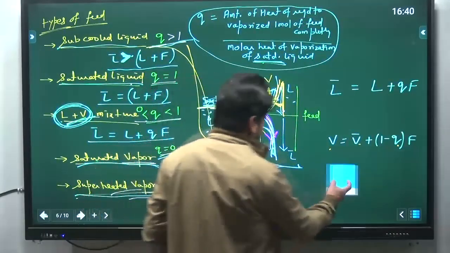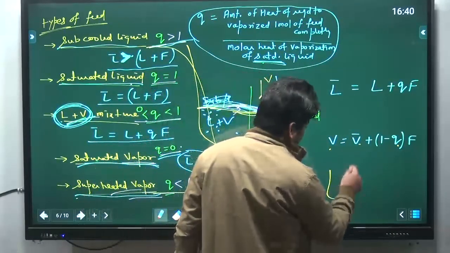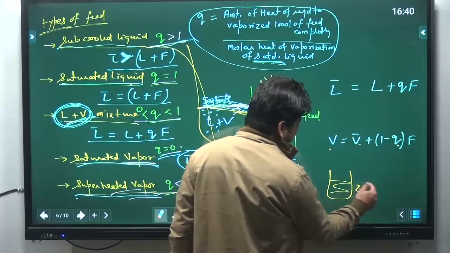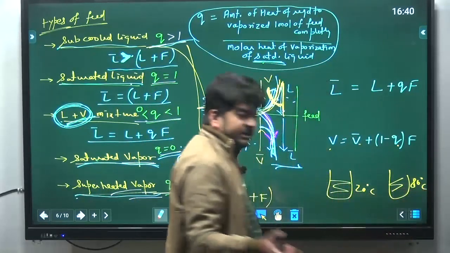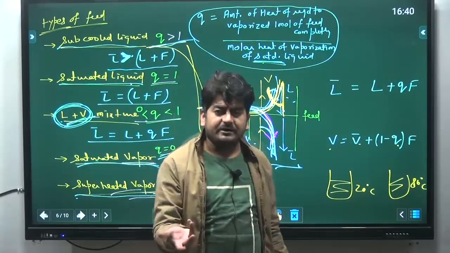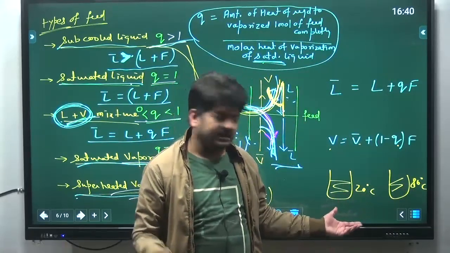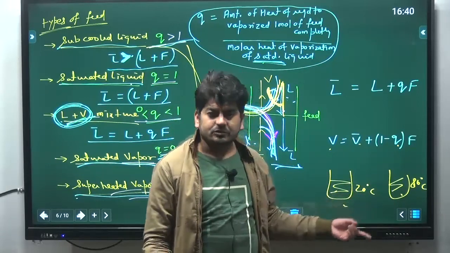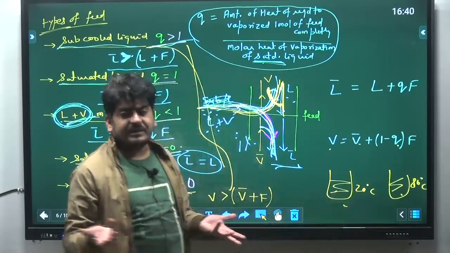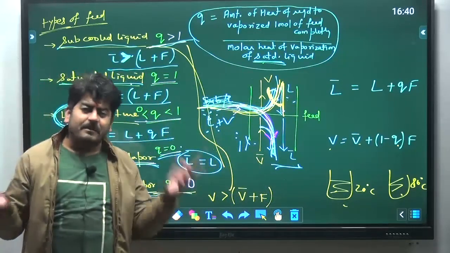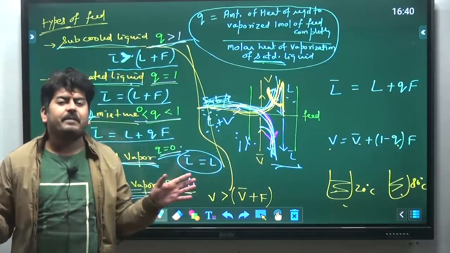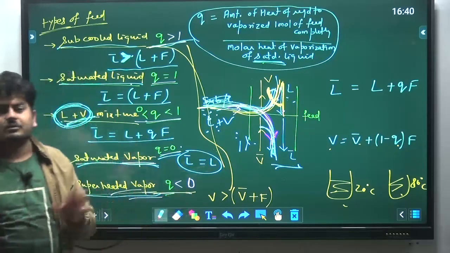Liquid at 20 degrees Celsius, liquid at 80 degrees Celsius. So you know that the amount of heat required to vaporize this liquid completely will be different in these two. So molar heat of vaporization will be different at different temperatures, that is obvious. But the assumption is it is independent of temperature and composition.